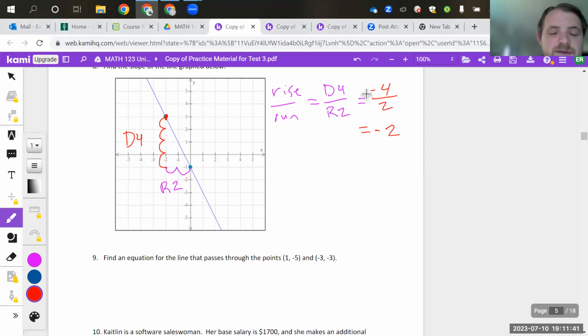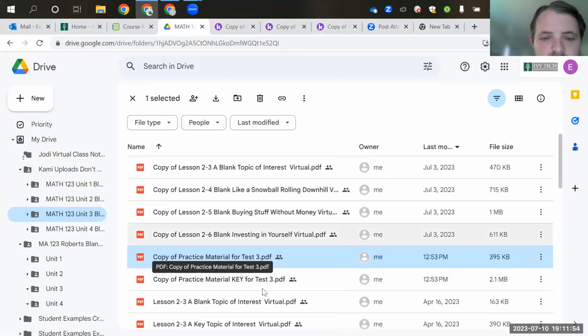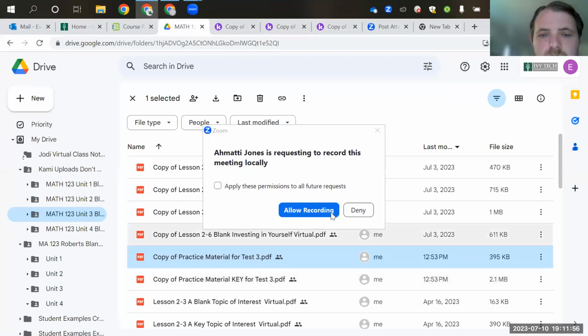Now for number 9, there's a lot of ways you can do it. If I take a second and double check that you guys use point slope form.